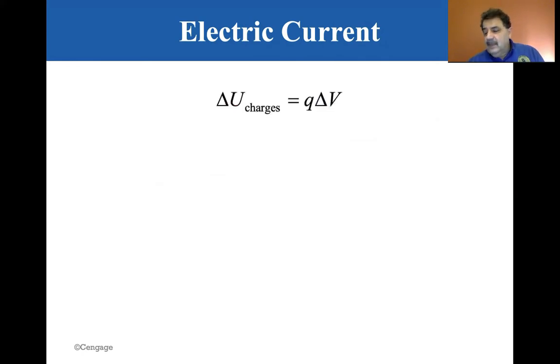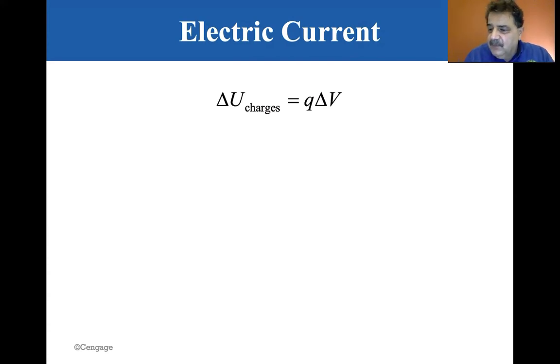Okay, so now in electrostatics, the electric potential is the same everywhere inside a conductor. That's no longer true. As charge moves along the wire, the electric potential is continually decreasing.